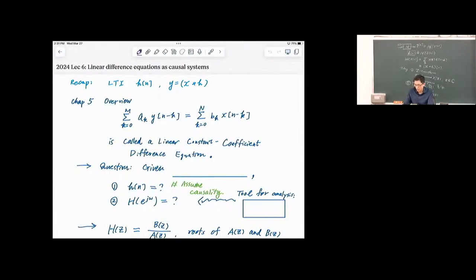Our next lecture has a title of Linear Difference Equations. And here I want to emphasize causality. We're interested only in the kind of system that we can implement. I mean, time happens in time, okay? Time has a direction, right? Time can never go backward, okay?